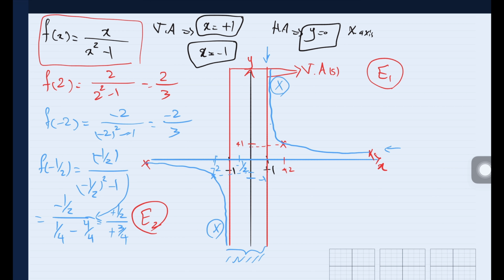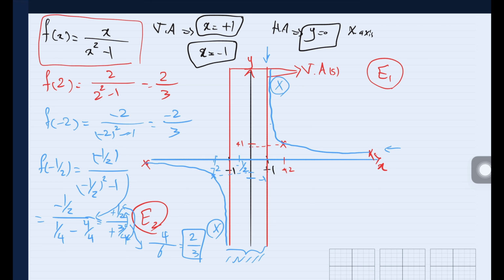As you know, if I have two fractions divided by each other, the farther numbers are multiplied by each other, and the closer numbers are multiplied by each other. So it's going to be 4 over 2 times 3, which is 4 over 6, which is 2 over 3. That is a positive 2 over 3, right?